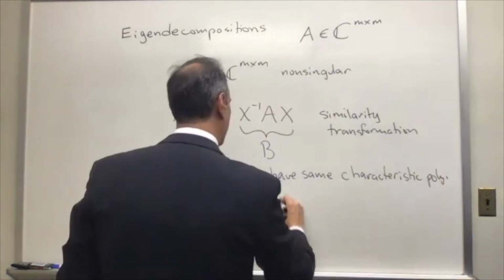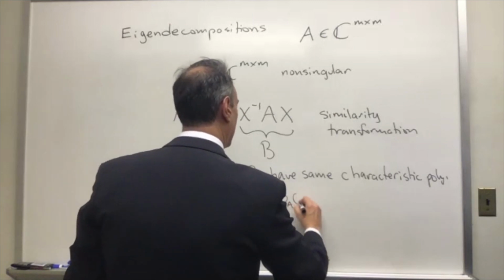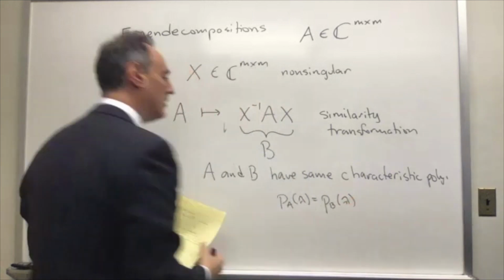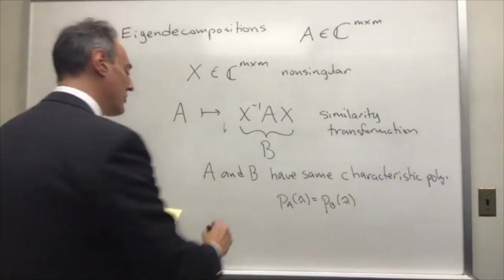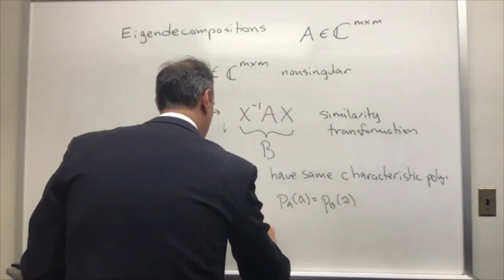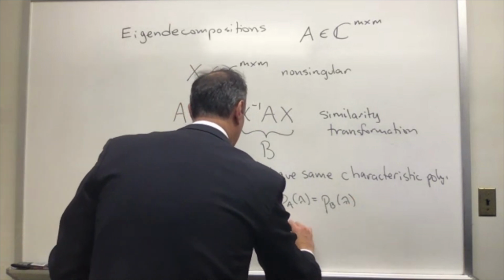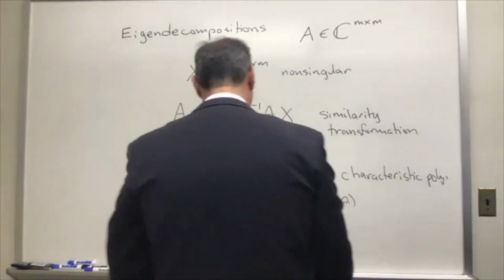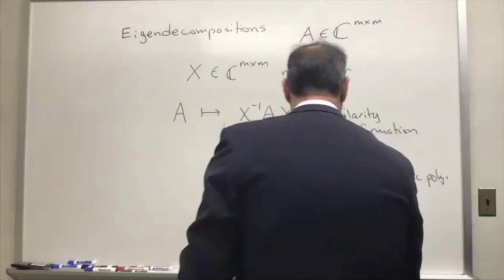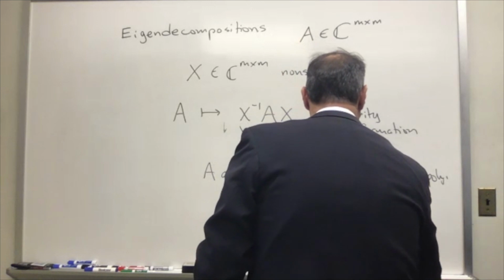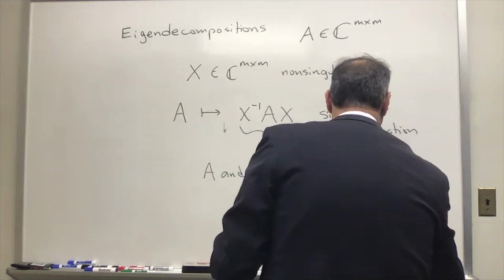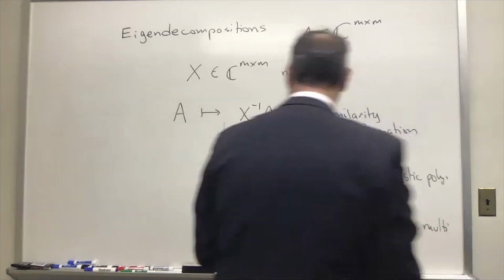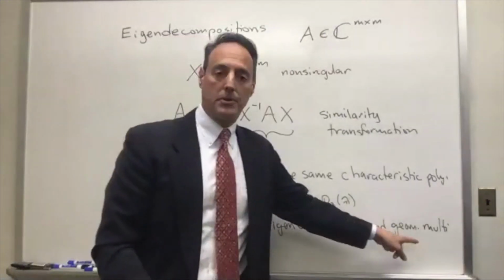In other words, P_A(lambda) is equal to P_B(lambda). They also have the same eigenvalues, and algebraic and geometric multiplicities. I'll talk about what geometric multiplicity is in a minute.